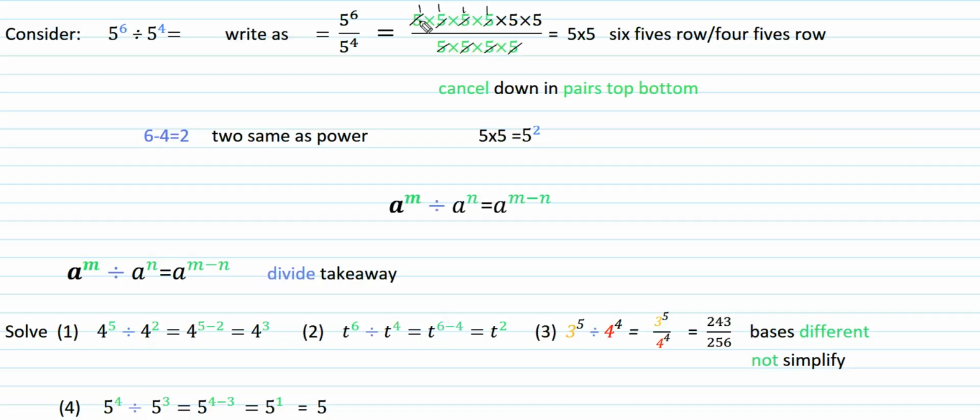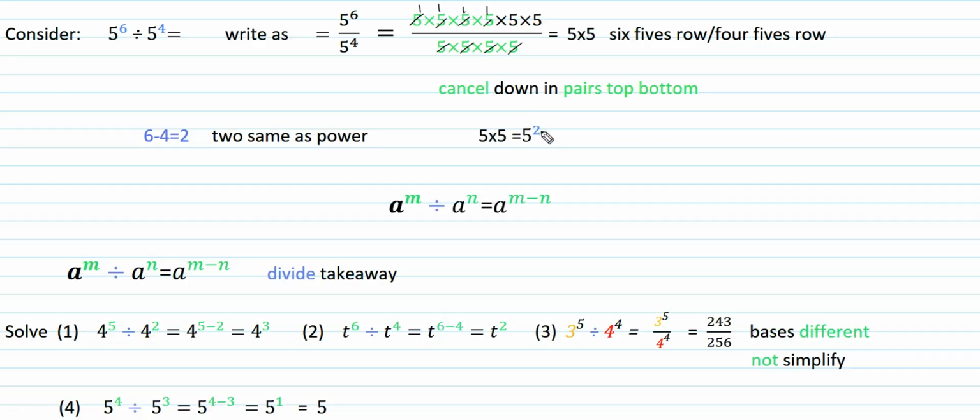So all these 4 5s will just cancel out, and the whole of this just becomes 1. So it becomes a 1 times this, so in effect you can ignore this. So you've cancelled out, and what we're left with is 5 times 5. Now 5 times 5 is 5 to the power 2.